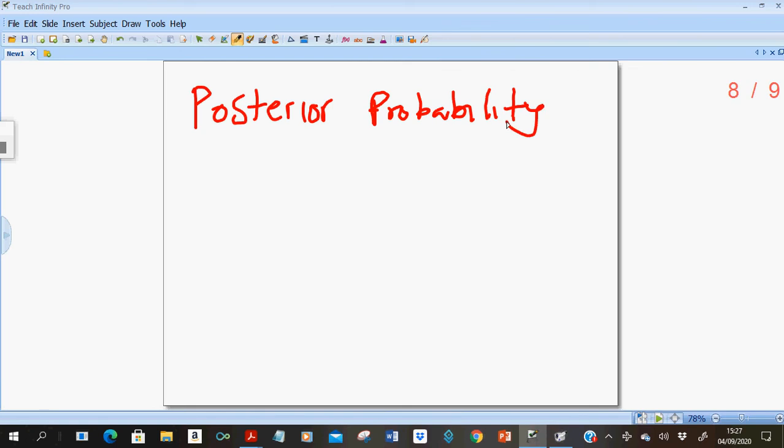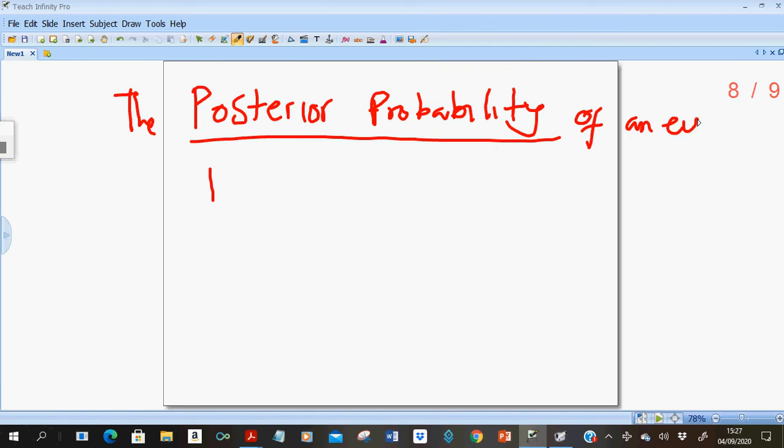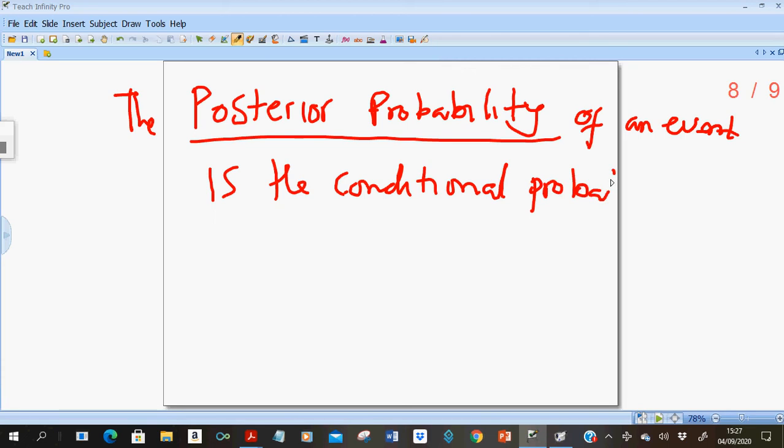So the posterior probability of an event is the conditional probability that is assigned after relevant evidence.